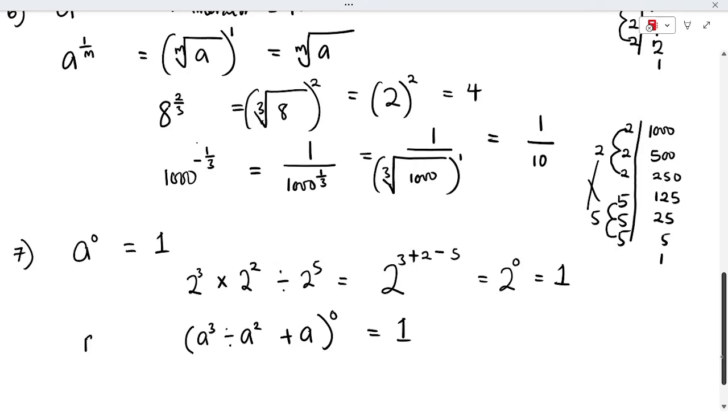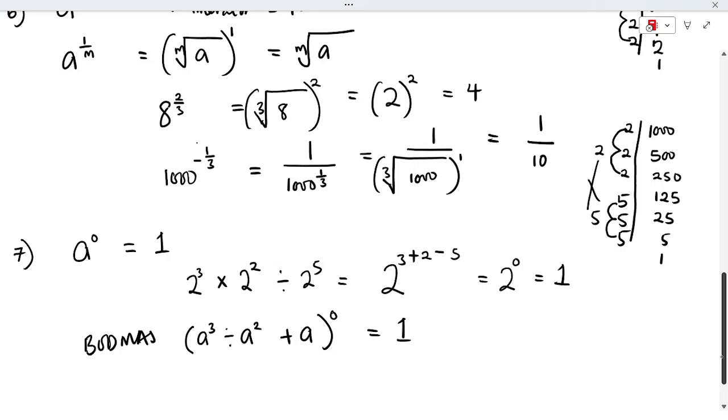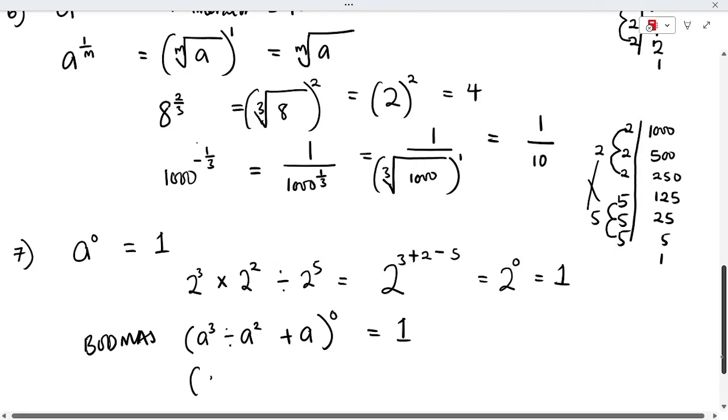You simply have to remember BODMAS. In BODMAS, the bracket comes first, so we are solving what is inside the bracket first. And inside the bracket, we have division and addition. Division comes first. That means you are going to be having a raised to power 3 minus 2.